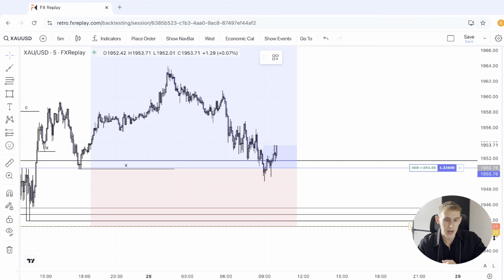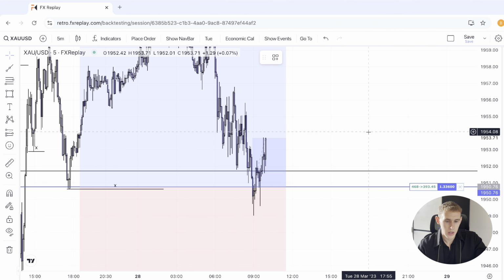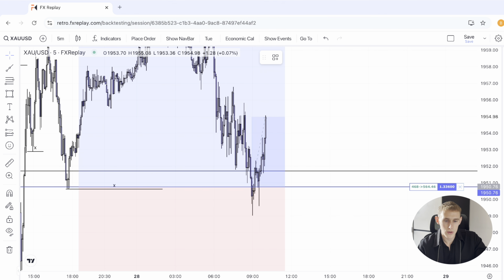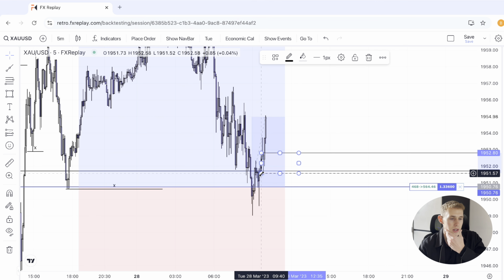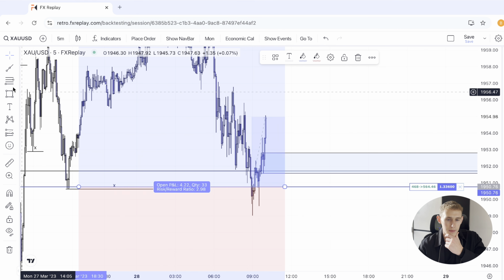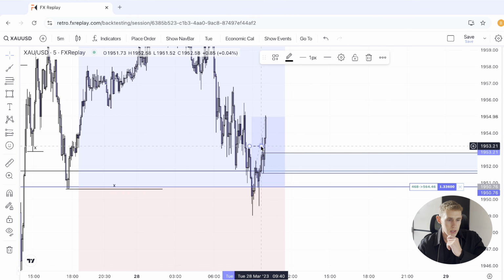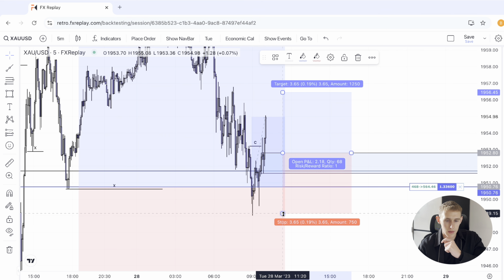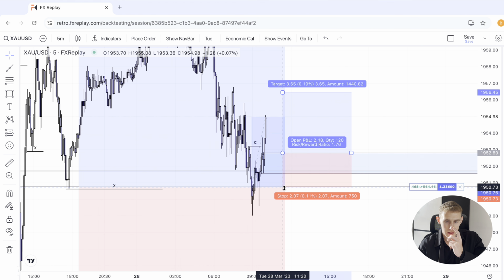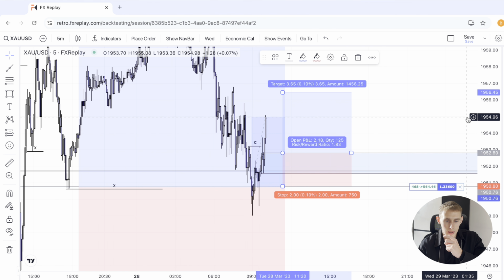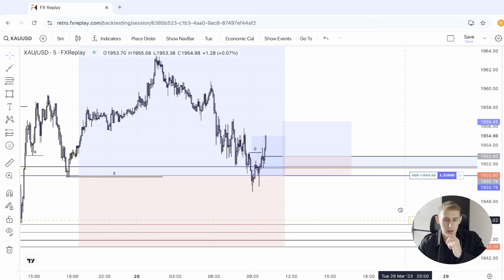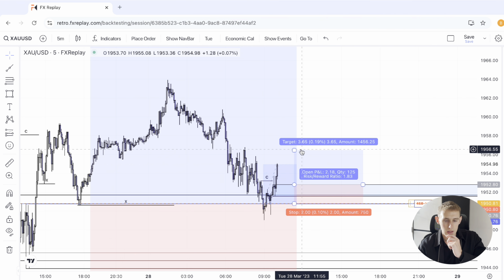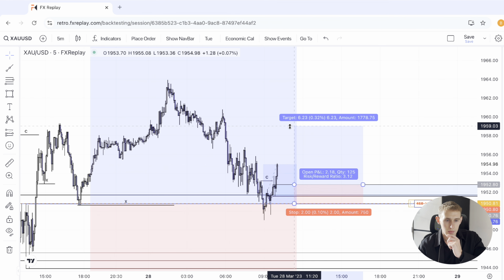If I was, then I wouldn't look for another entry. But yeah, if you've got a perfect opportunity here, you could enter on this 5-minute demand because you've had that 5-minute change of character. So I'm going to do sort of a risky entry here, have stops 20 pips just below that demand, and I'm going to make the initial entry break even, and we're going to target a 1 to 3.